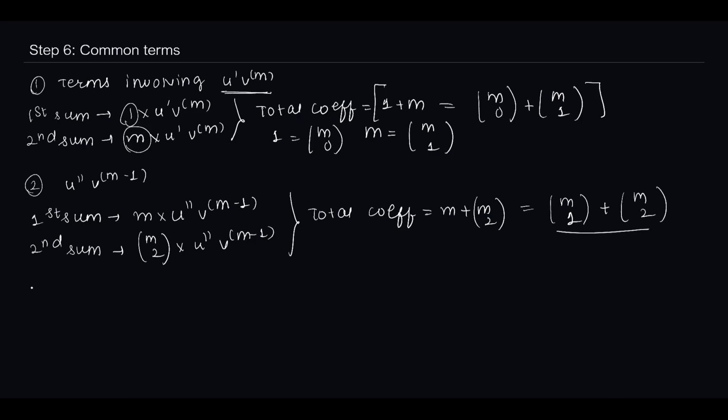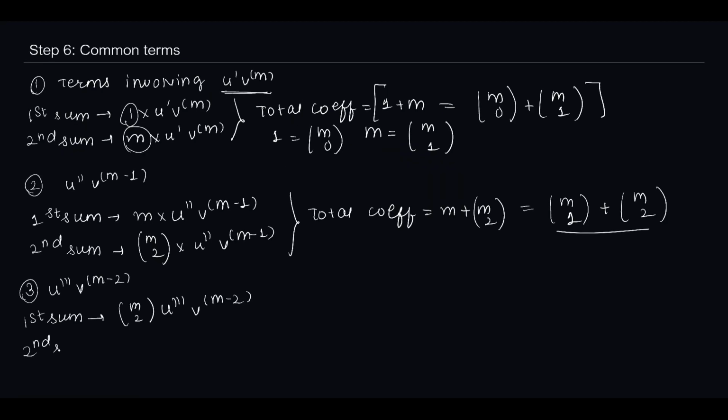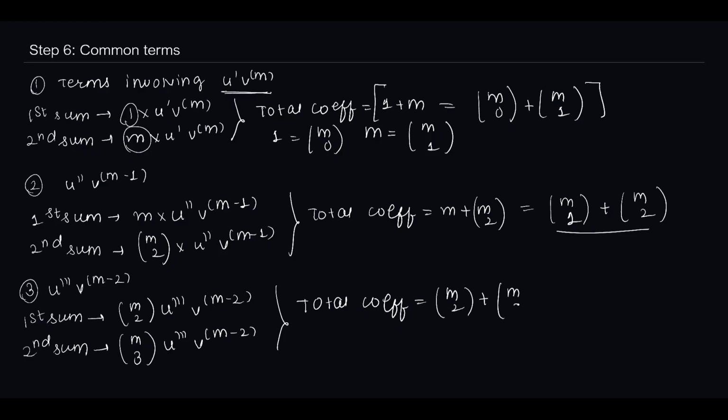Now the next common term is u triple prime v^(m-2). Okay, so from the first sum we get m choose 2 u triple prime v^(m-2). If you notice here, from the second sum we get m choose 3 u triple prime v^(m-2). Again we get the total coefficient as m choose 2 plus m choose 3.